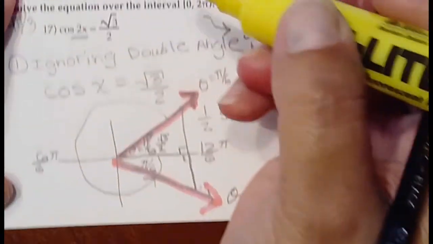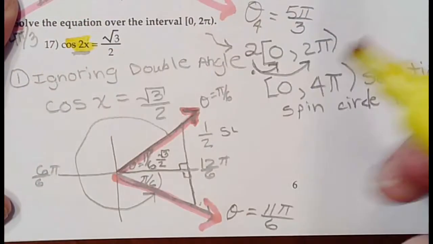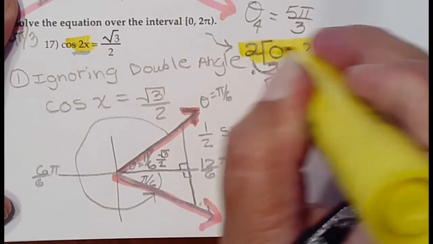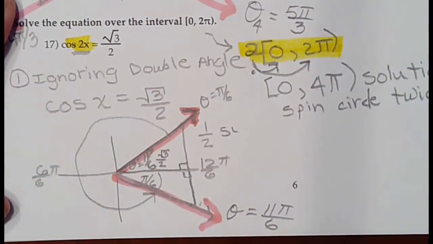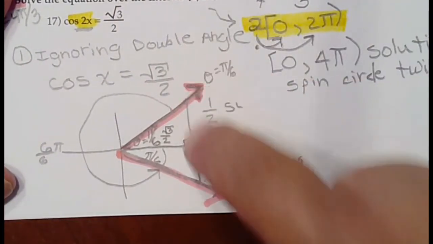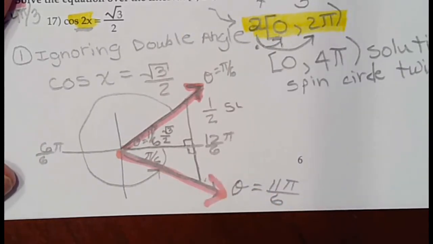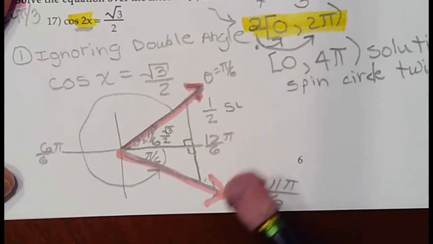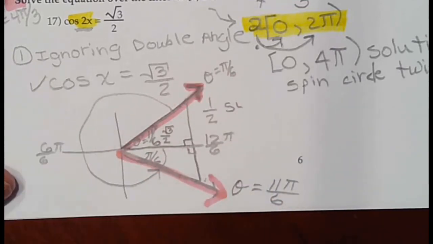So if you want to get 2 more answers, but still landing exactly where you are now, because you already have figured out that you need to be in quadrants 1 or 4 in order for the cosine to be positive. You already know the thetas that are associated with the reference angle. You figured out that this was 1/2 because this was square root of 3 over 2. That gave you the pi over 6, which gives you this solution and this solution, but there's 2 more.